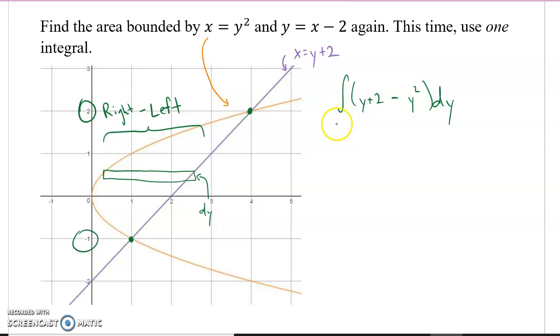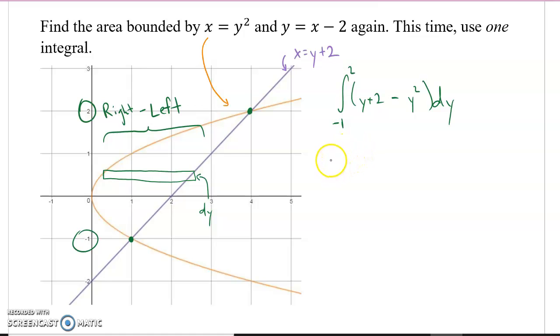So it's very important to remember that these numbers are the starting and ending points for y, because that is the variable we're integrating with respect to. That's a pretty significant change. This is a much easier process than the last one because we didn't have to break it up into two integrals. We just have one integral. Not only that, we don't have any square roots, so that's nice.